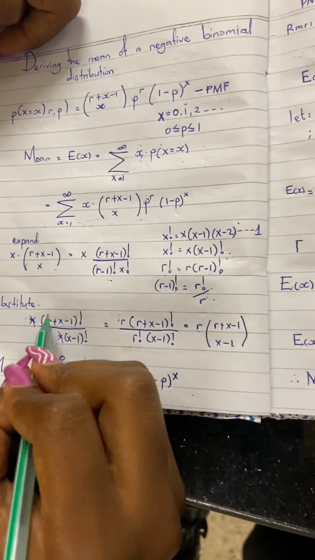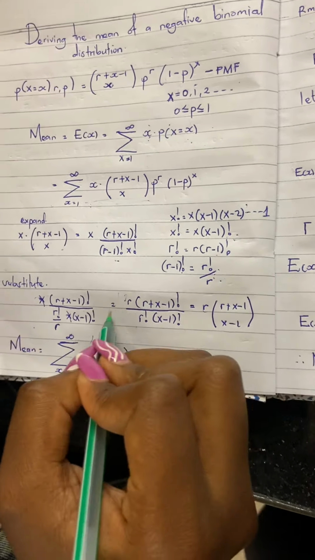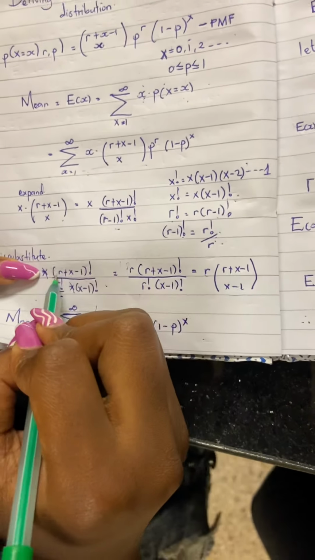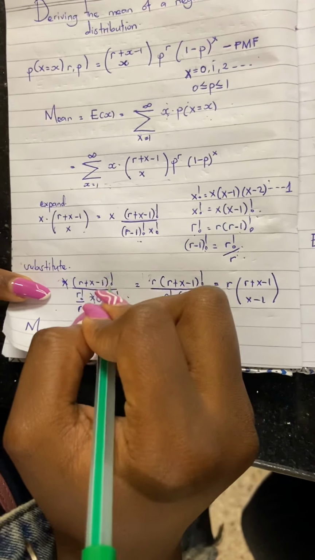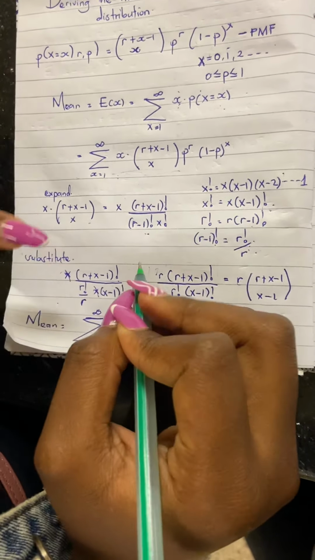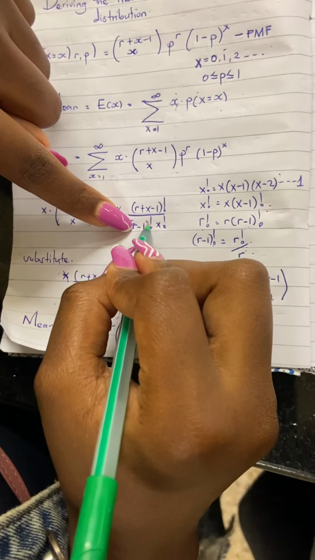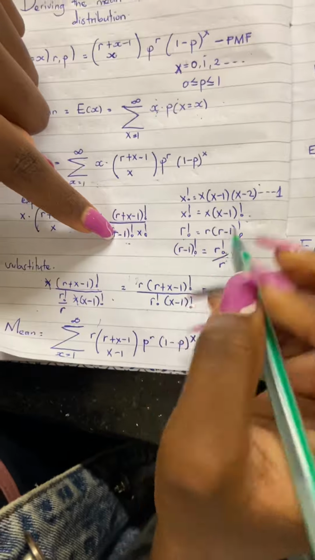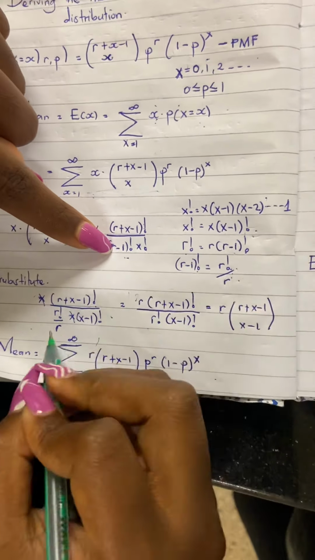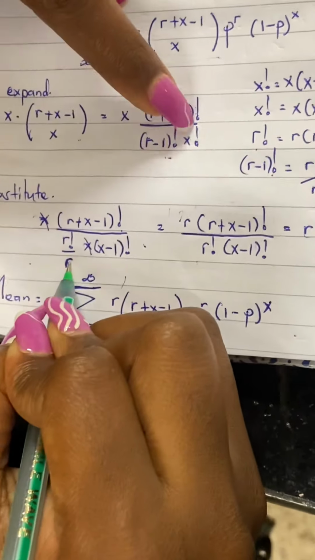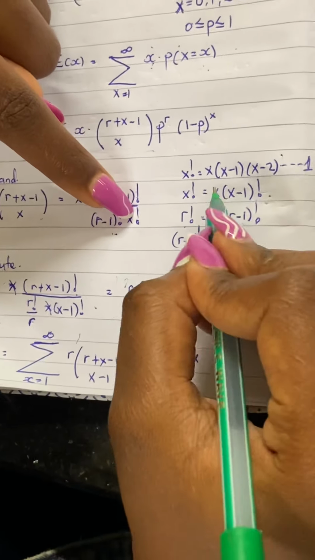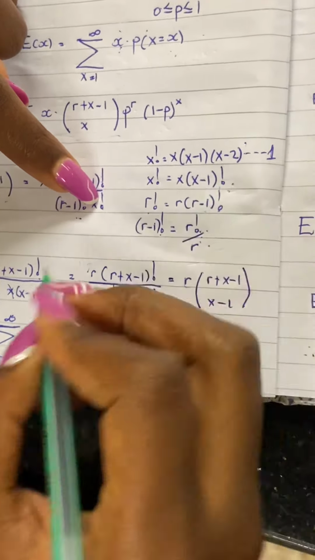Where here, when we come down, we say r plus x minus 1 factorial out of this r minus 1 factorial. We're going to substitute it by r factorial out of r, as we wrote here. Our x factorial, we're going to substitute with x into x minus 1 factorial.